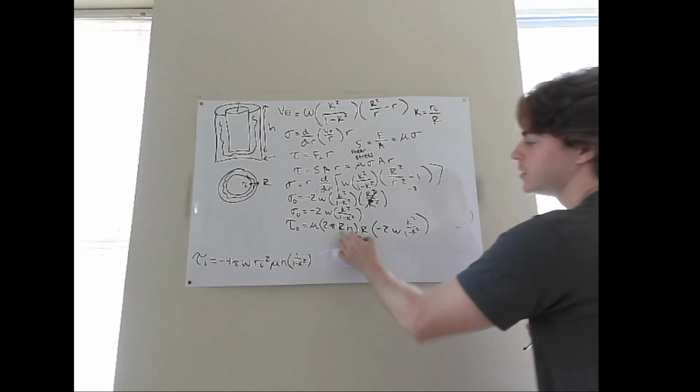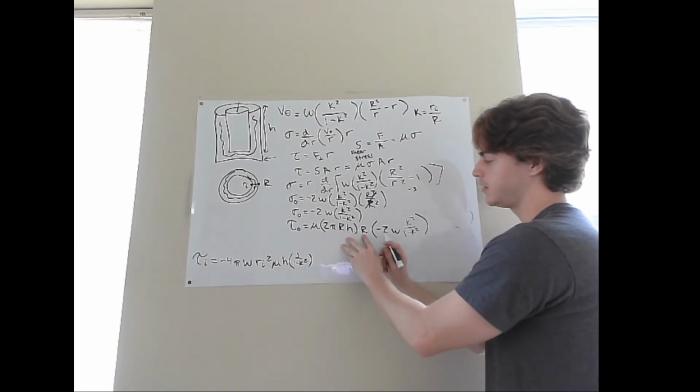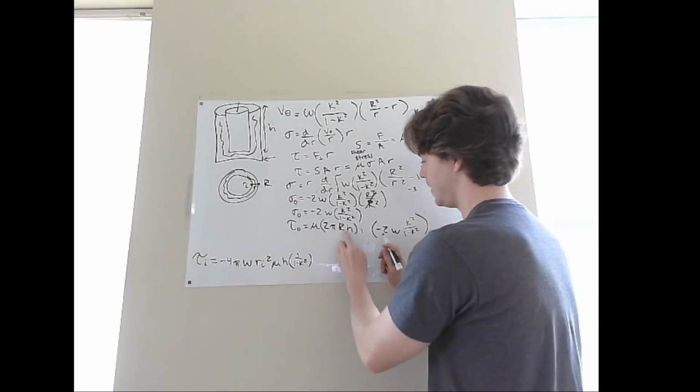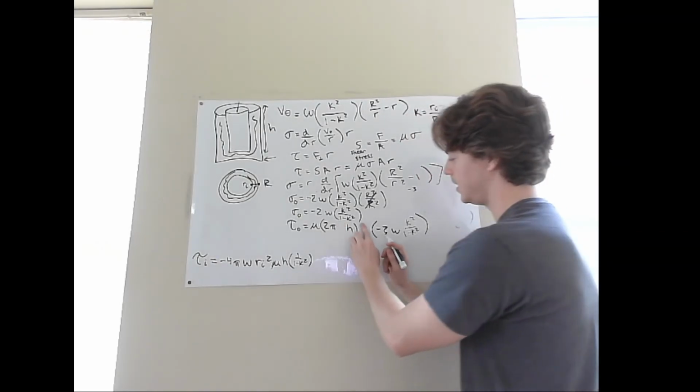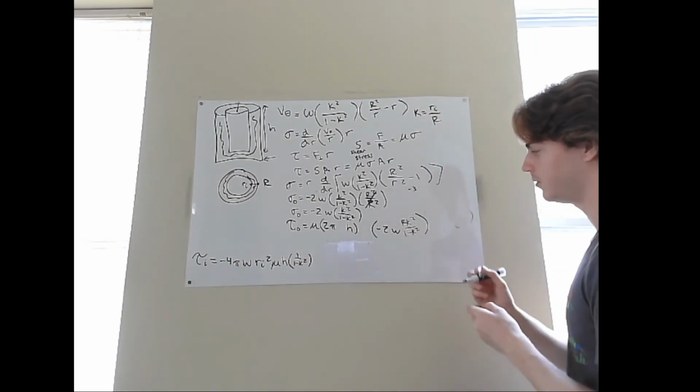And if you notice, this becomes r squared because we have an outer radius here and an outer radius here. So I'm going to erase that and rewrite it over in the numerator over here. Since these are all being multiplied out, we can.